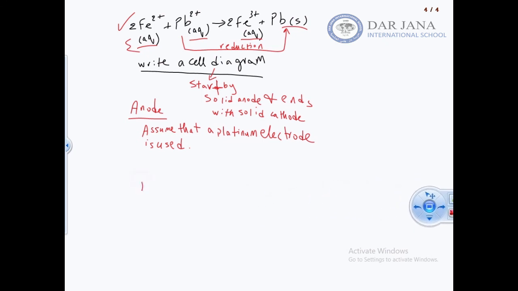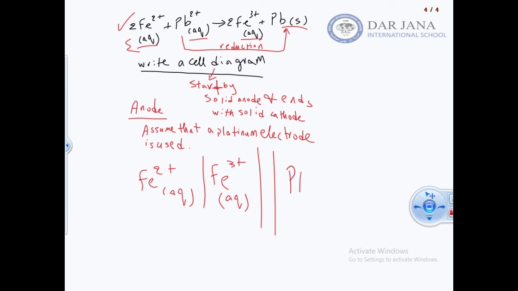First of all, we have Fe2+, which is the anode, aqueous, Fe3+ aqueous, a salt bridge, Pb2+ aqueous, Pb solid.